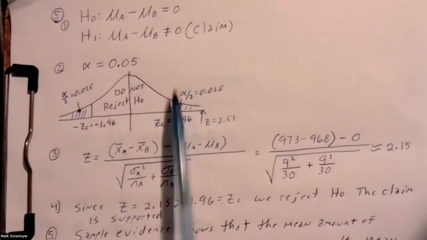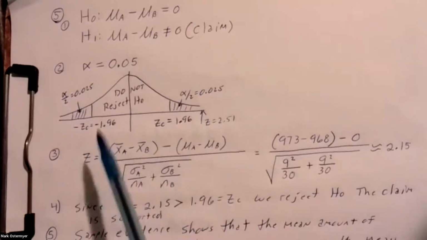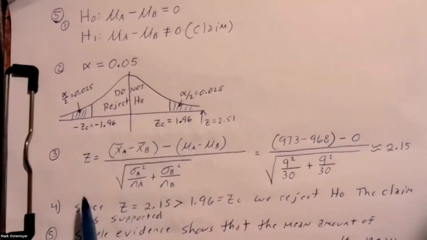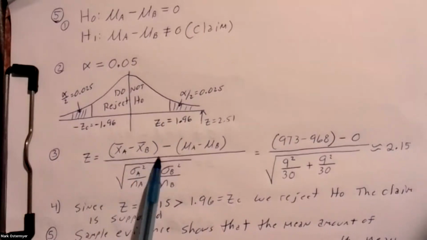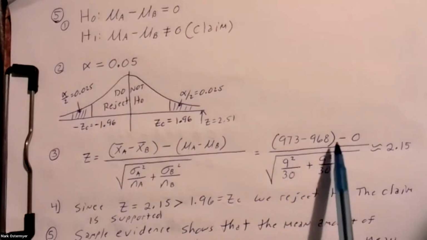We're going to have 2 rejection regions being a two-tailed test. Inverse norm would find these critical z-values of being negative and positive 1.96. To test a statistic from a sample of size 30 containers from theater A, the mean sodium content was 973 milligrams.